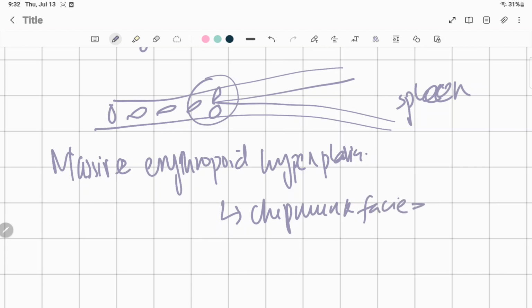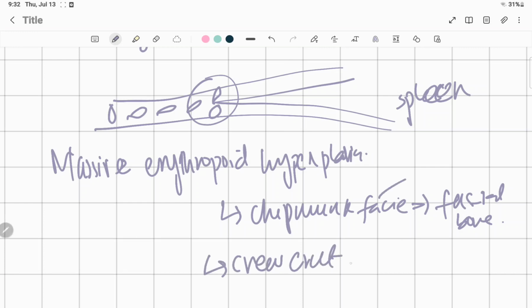The facial bones are also going to start doing erythropoiesis. They don't do erythropoiesis normally, but when there is hyperplasia, they start doing it. And when they do, we have chipmunk faces, and we also have a crew cut appearance of the skull on x-ray, because the skull bones are doing erythropoiesis. Mind you, they don't do it normally.